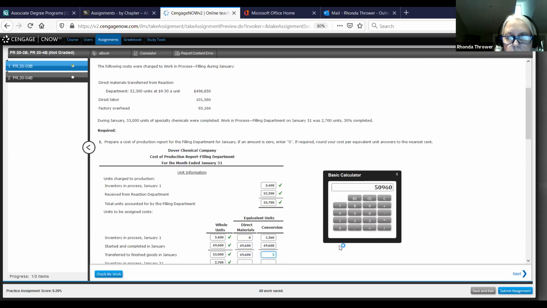So 50,960 is your transferred to finished goods in January of your conversion equivalent units. I simply added these two together. And you can do that all the way across.